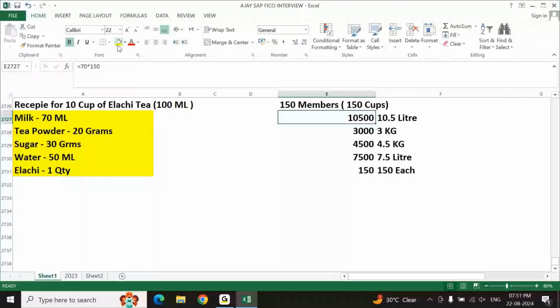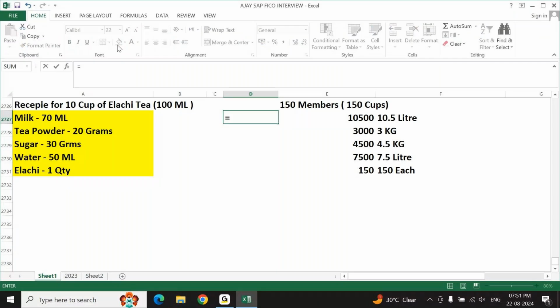Agree? So what I'll do, I'll take 70 divided by 10 first. Am I correct? And then I'll multiply with 150. Then I'm coming at this.